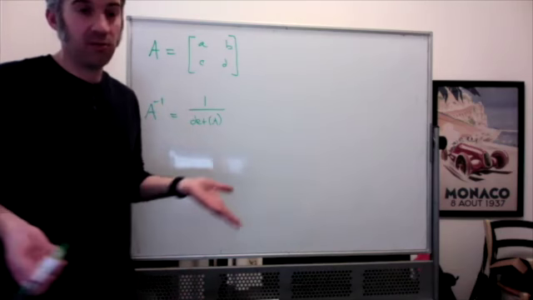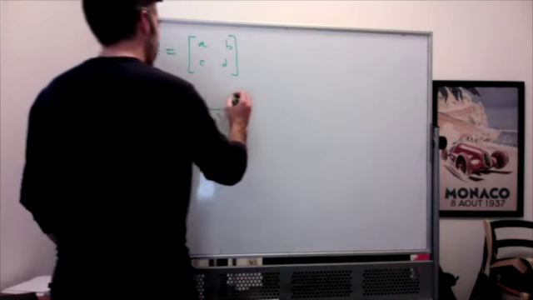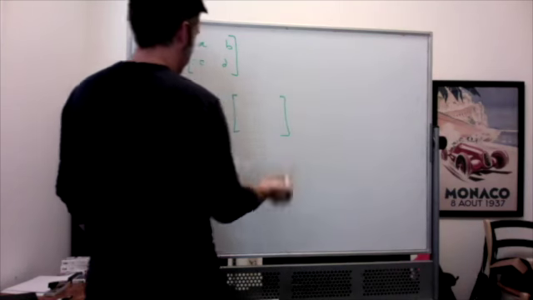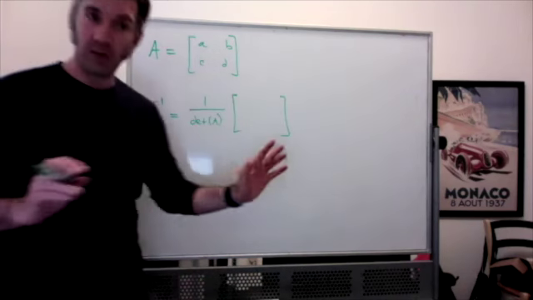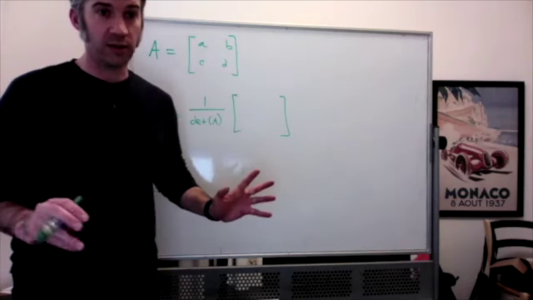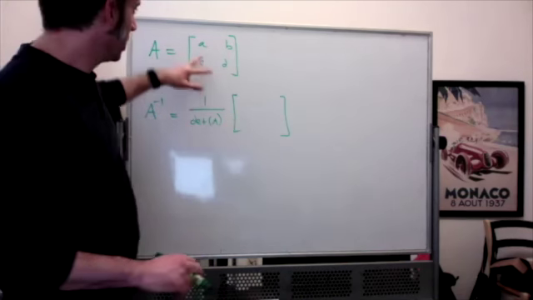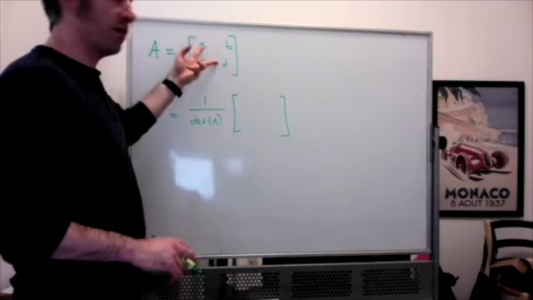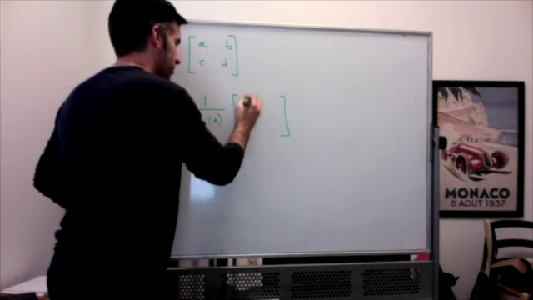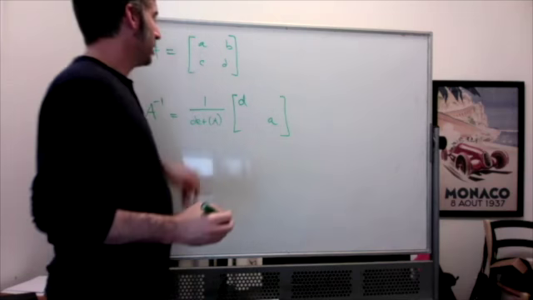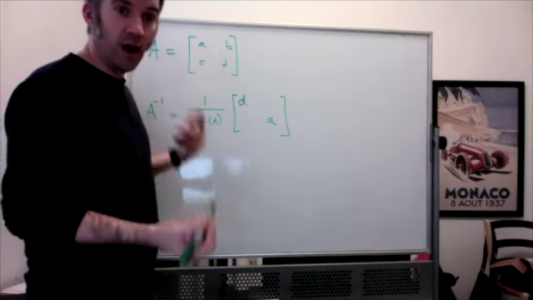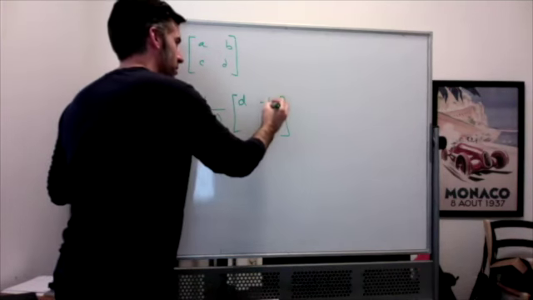If you can't, it doesn't work. And the way I always remember this, and this only works for 2 by 2s, it doesn't work for anything else: for 2 by 2 matrices, to find the inverse, you switch the diagonal elements and you change the signs of the off diagonal elements.